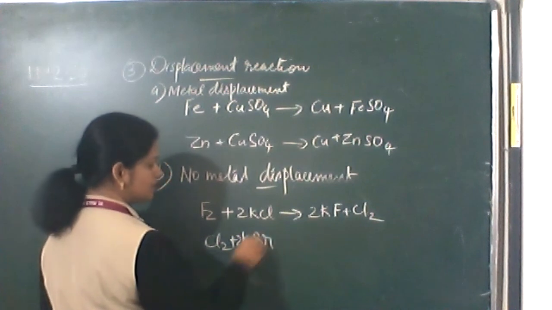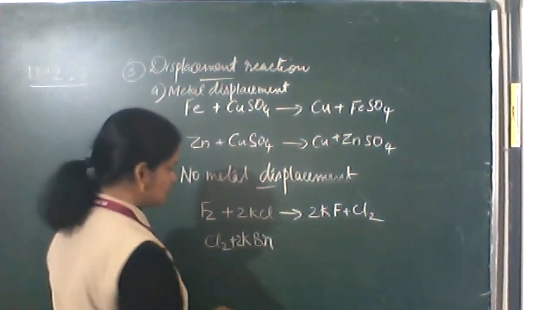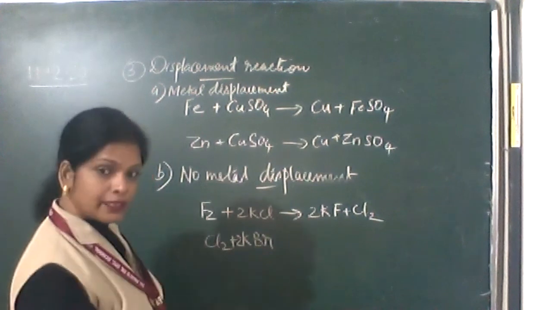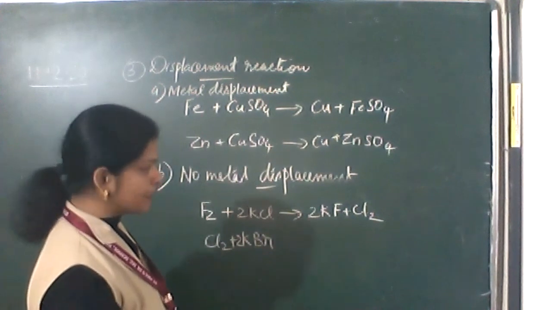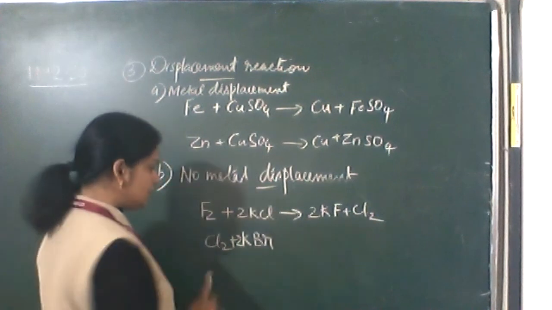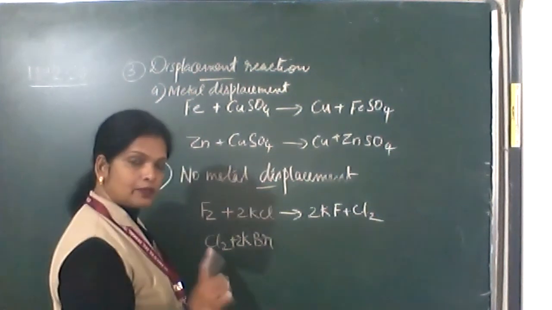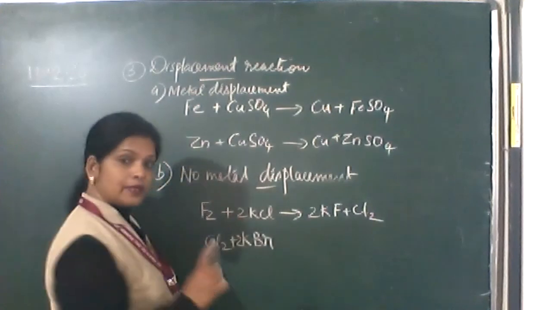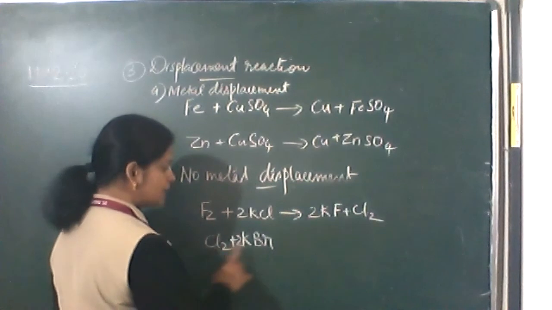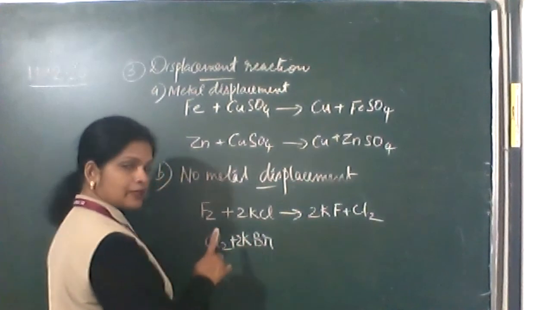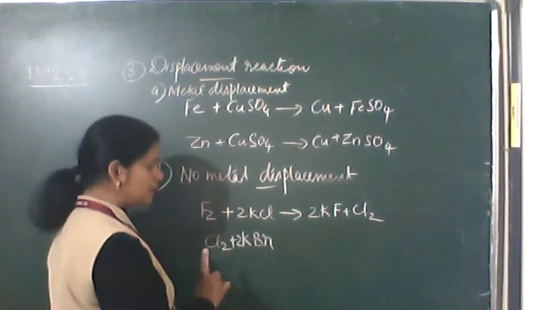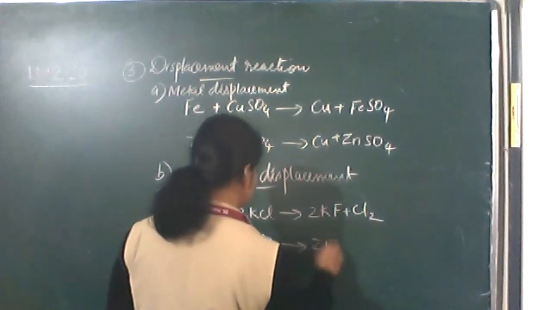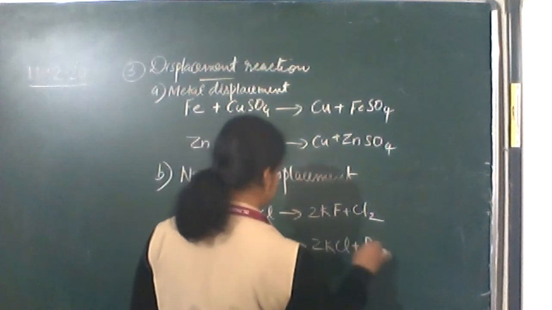F2 can make Cl2, F2 can make Br2, F2 can make I2. It means the upper one can make the lower one. Cl2 can produce Br2 and I2, and Br2 can produce only I2. So Cl2 plus 2KBr gives 2KCl plus Br2.